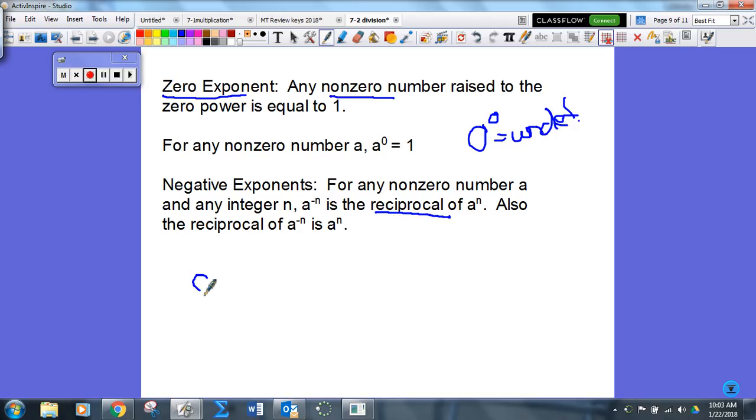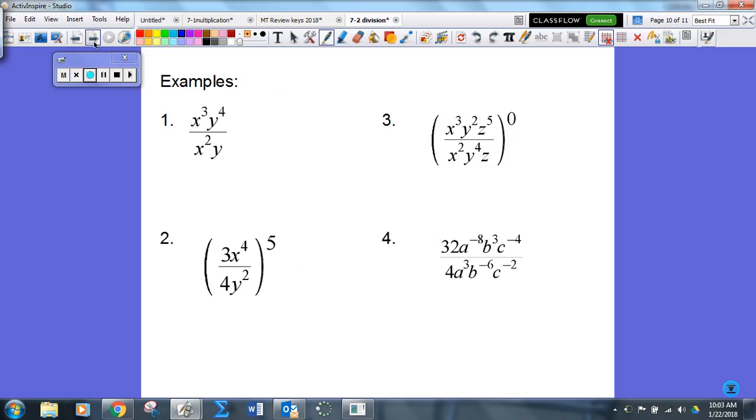So if I have a to the negative n, that is equal to 1 over a to the n. If I have 1 over a to the negative n, that is equal to a to the n. You must always, other than scientific notation, leave answers with positive exponents.